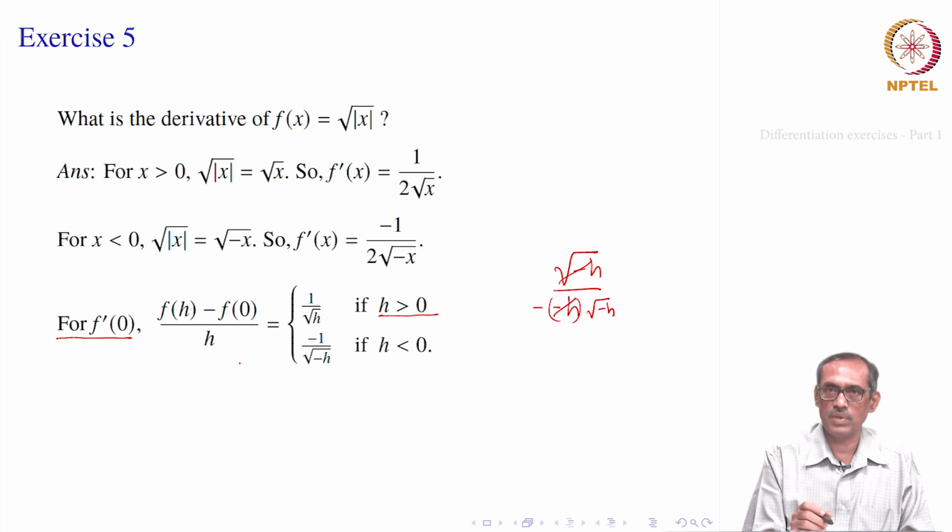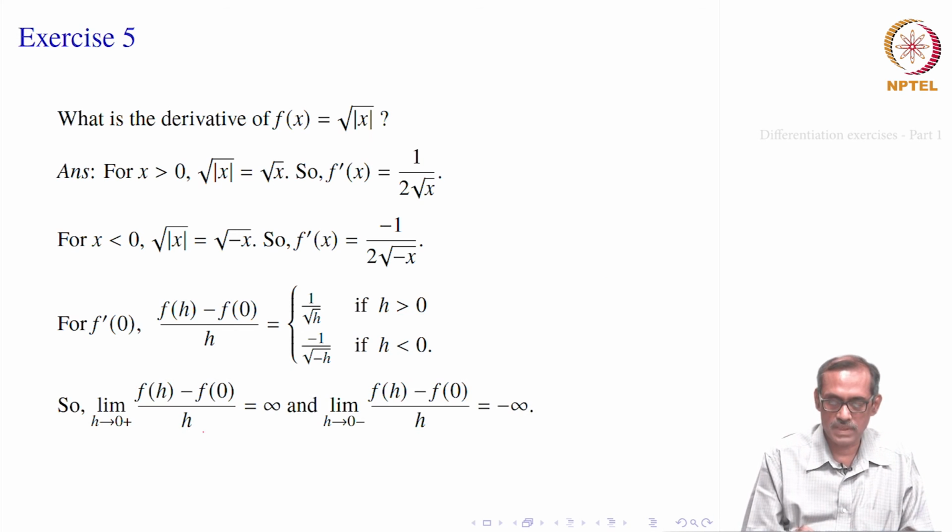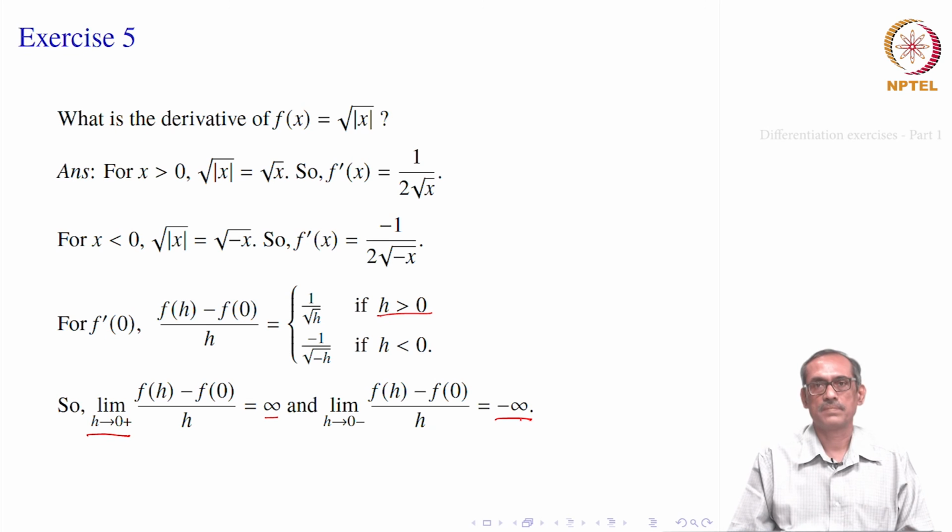To find the derivative, we have to compute the limit of this as h goes to 0, taking the right hand and left hand limits. When h goes to 0 from the right, the limit is 1 divided by square root of h, which becomes infinity. When h is less than 0, it is 1 divided by square root of minus h with a negative sign, which gives minus infinity.